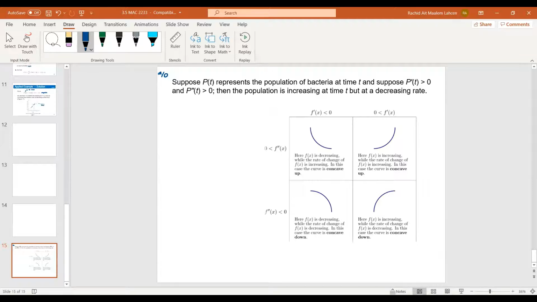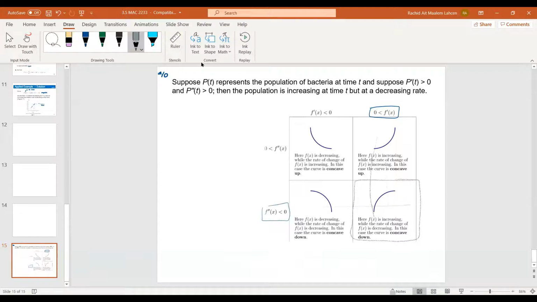So if you have the first derivative positive, like this case here, and you have the second derivative negative, which is here, so if you do the intersection, right? So this is this quadrant here, not really quadrant, but this box here.